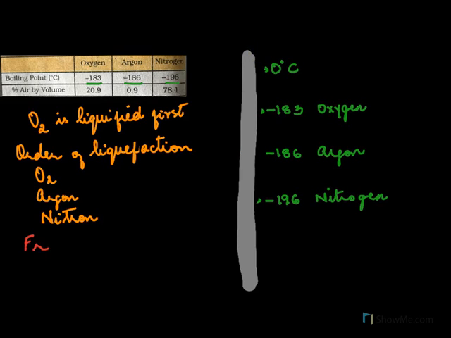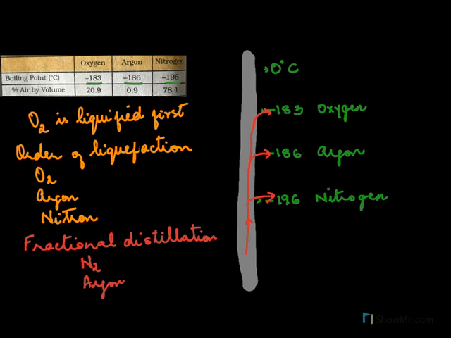Now let's see what happens for fractional distillation. When fractional distillation takes place, which gas is separated out first? So now in fractional distillation, we move up here. Slowly the liquid air is heated. So first to move out is nitrogen. Then as it moves up, argon will come.